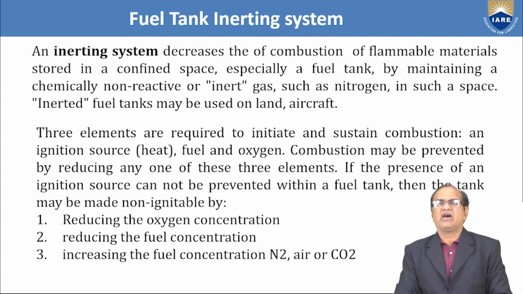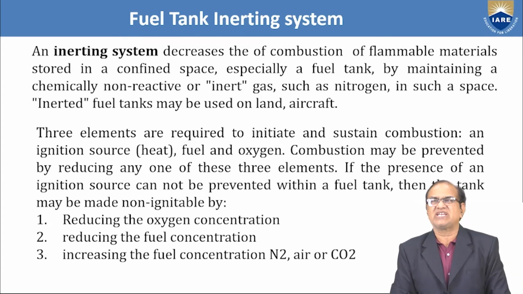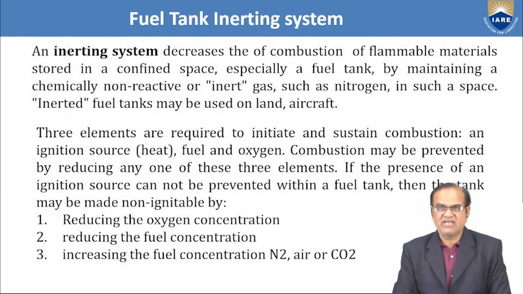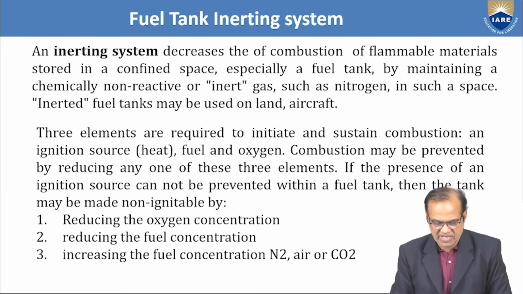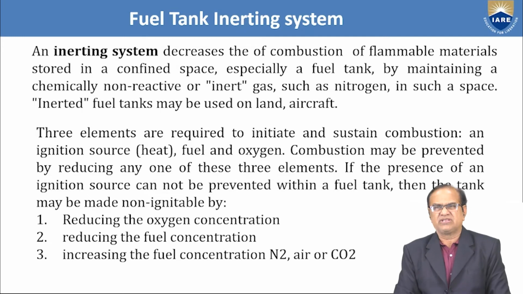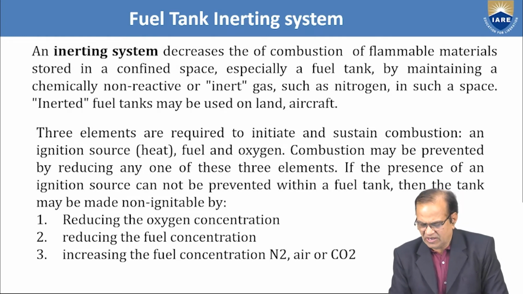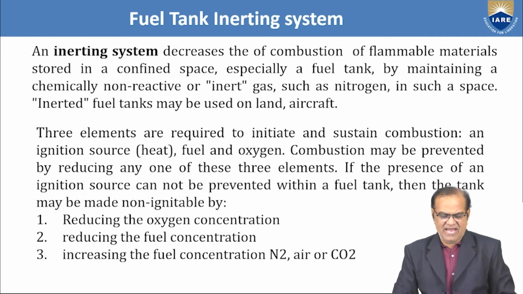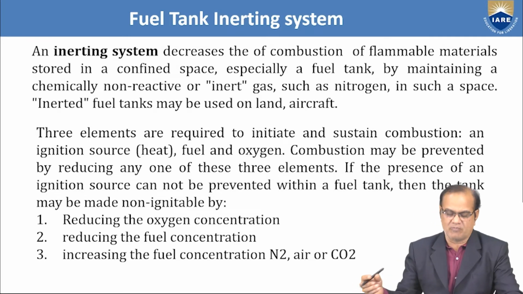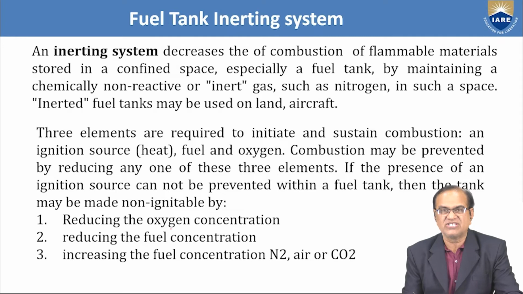Three elements are required to initiate and sustain combustion: an ignition source, that is the heat, fuel, and oxygen. Combustion may be prevented by reducing any one of these three elements. If the presence of an ignition source cannot be prevented within the fuel tank, then the tank may be made non-ignitable by reducing the oxygen concentration.